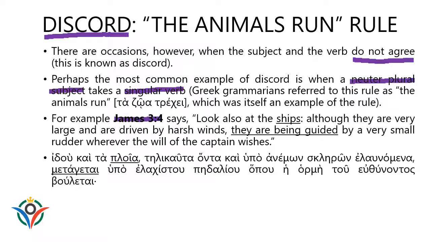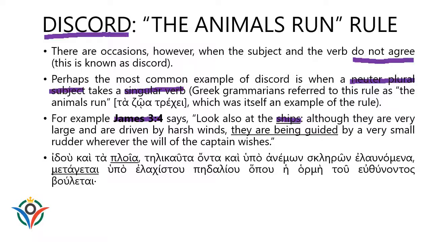Here's an example again from James, specifically James 3 verse 4, where James says, "Look also at the ships, although they are very large and are driven by harsh winds, they are being guided by a very small rudder wherever the will of the captain wishes." Now, we would expect that because the subject is plural, ships, we would have a verb ending that is also plural, right?